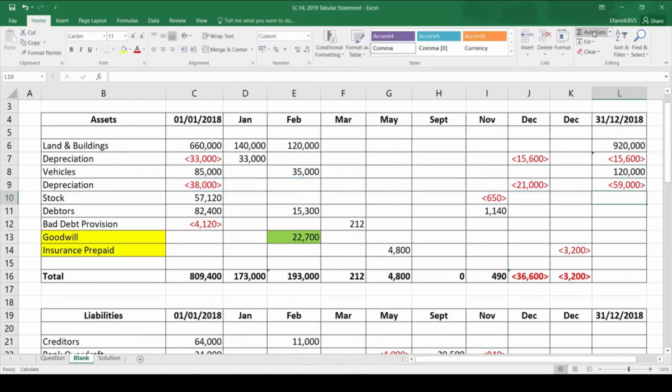Depreciation is minus 59,000. Stock 56,470.